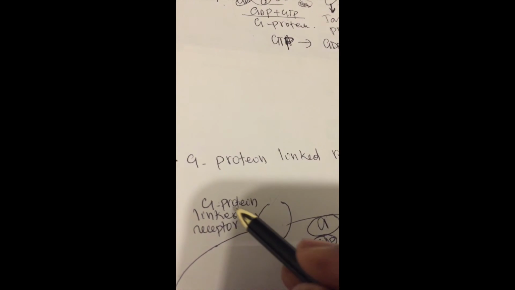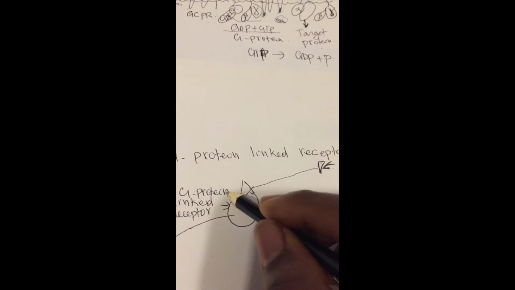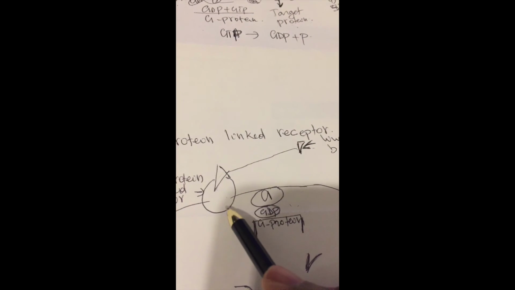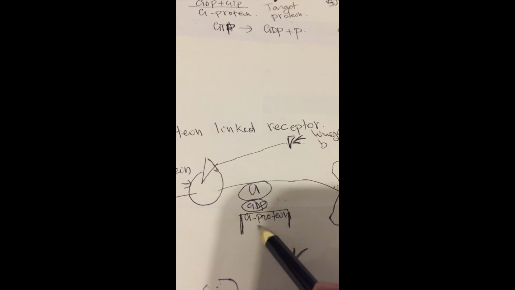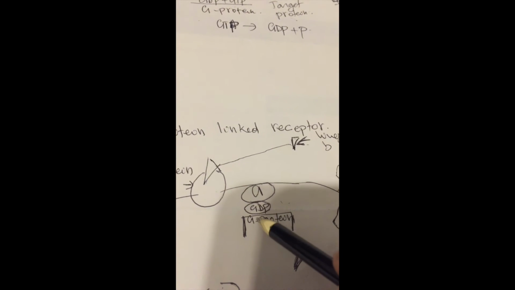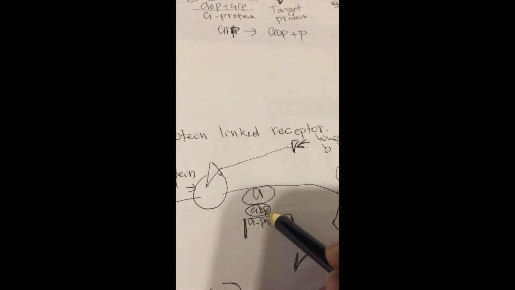So after the G protein coupled receptor, we're going to talk about the G protein linked receptor. For that one, this is our cell membrane also here, and this one is our G protein linked receptor. This is our ligand. When the ligand comes to attach to our G protein linked receptor, this is our G protein, and when the G protein is inactive, it is bound to GDP.